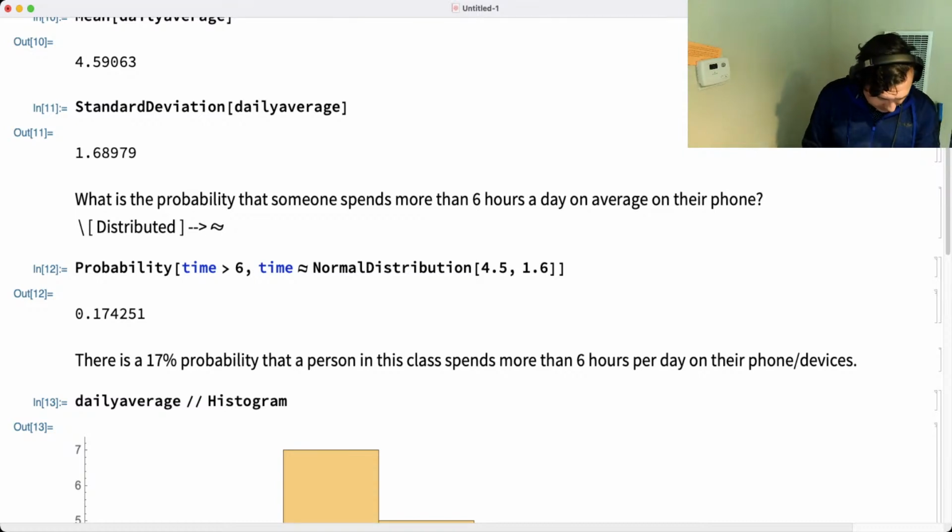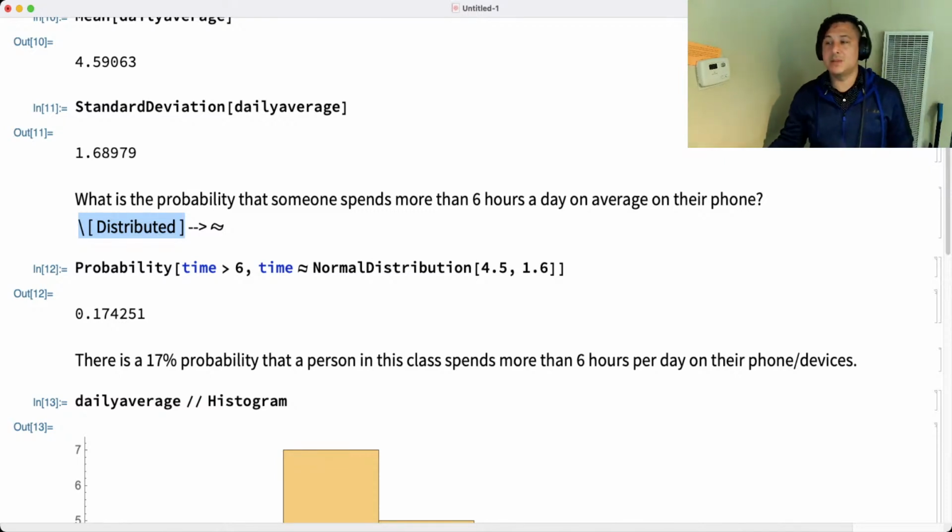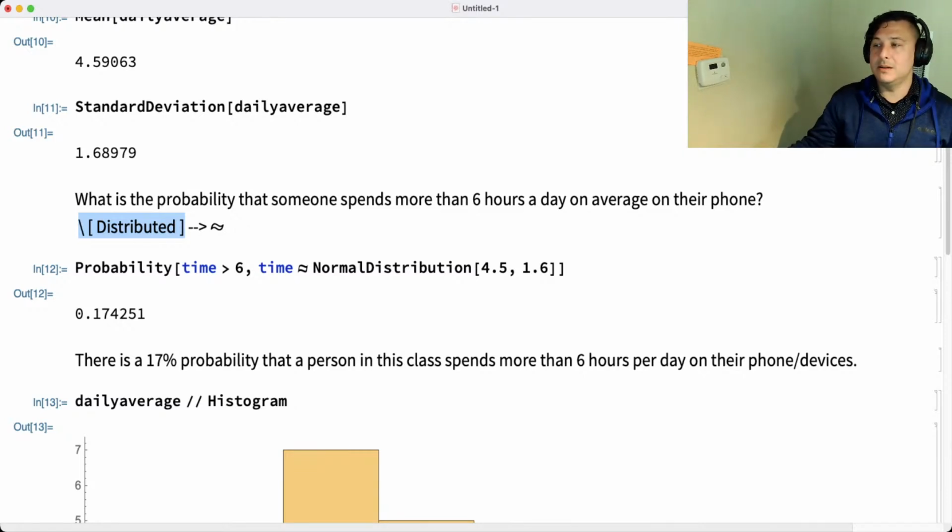Oh yeah, let's use men's heights. Type that in backslash bracket distributed end bracket. It will automatically make it for you after you press the space. No problem.